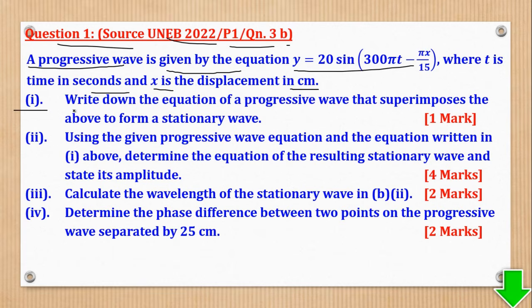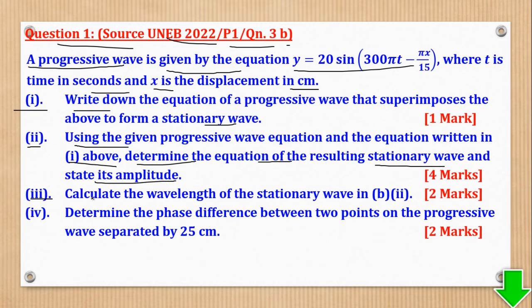Roman 1. Write down the equation of a progressive wave that superposes with the above to form a stationary wave. Roman 2, using the given progressive wave equation and the equation written in Roman 1 above, determine the equation of the resulting stationary wave and state its amplitude.